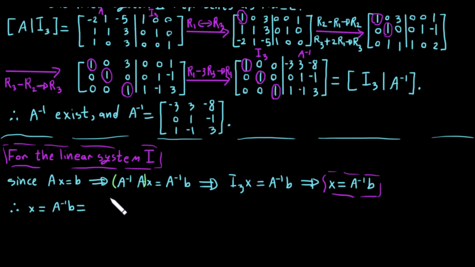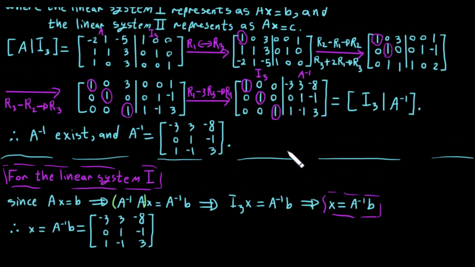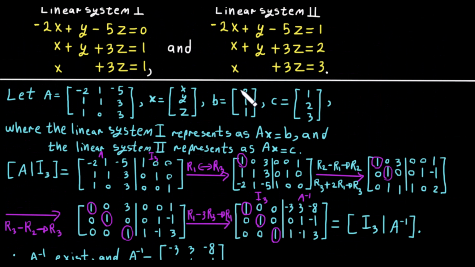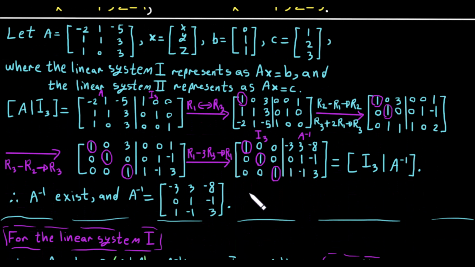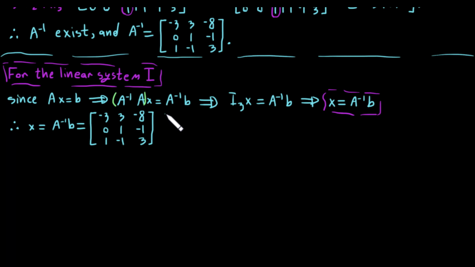I will copy it to put it here. And here b, where is b? Let's go up. So b is 0, 1, 1 for the linear system 1, which I wrote here, 0, 1, 1.